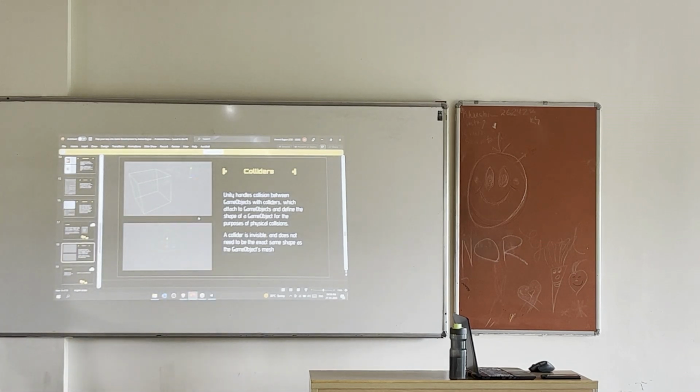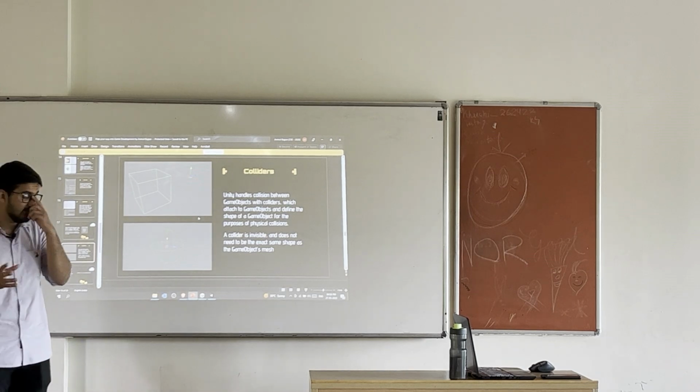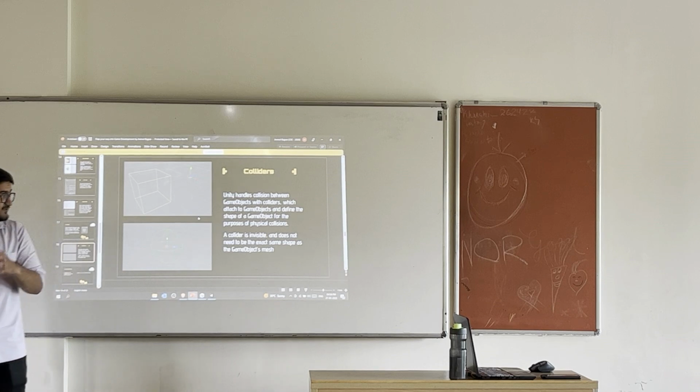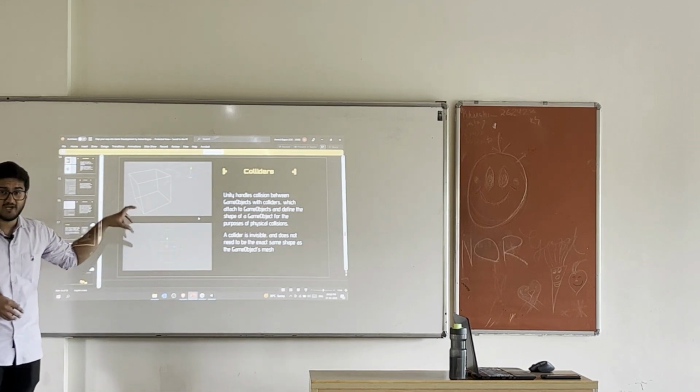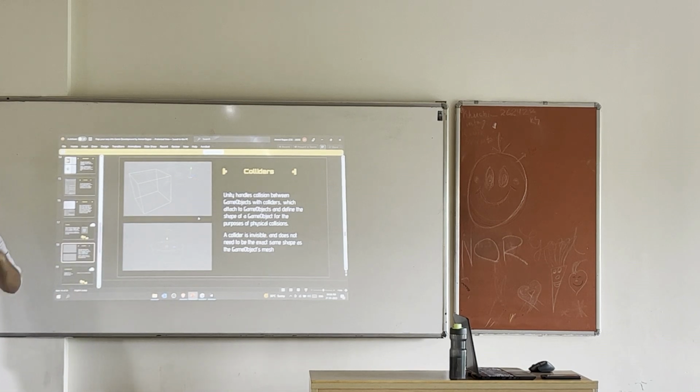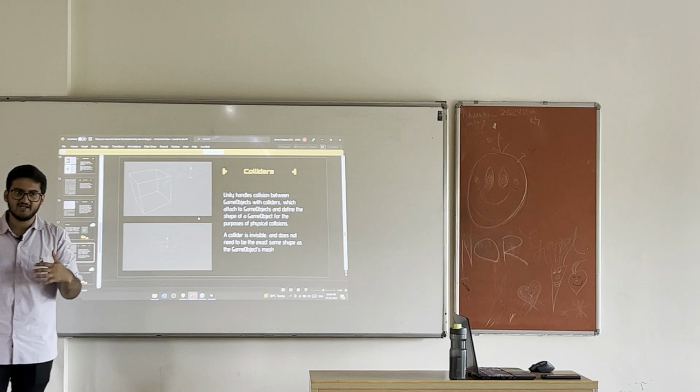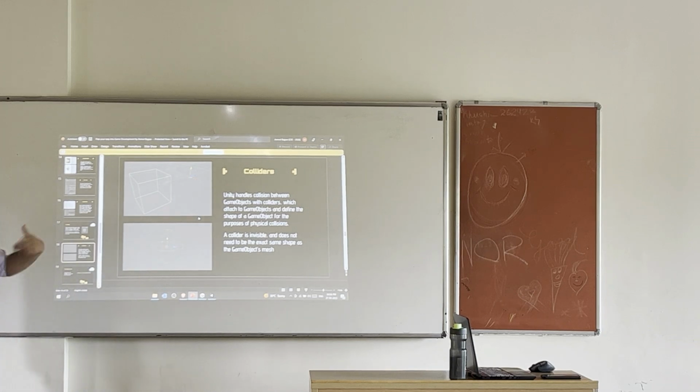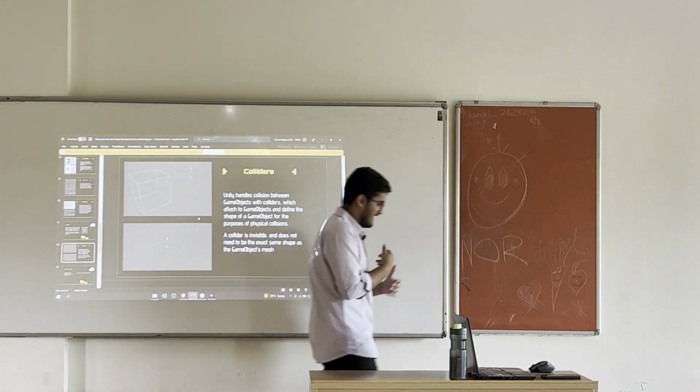But basically, by default you do not have a collider attached to any object in your scene. If you attach colliders to two objects and they collide with each other, they're not going to overlap each other. If two objects do not have a collider, they're going to overlap each other. But if they have this collider, it's not going to happen. So that is why we'll add those colliders.